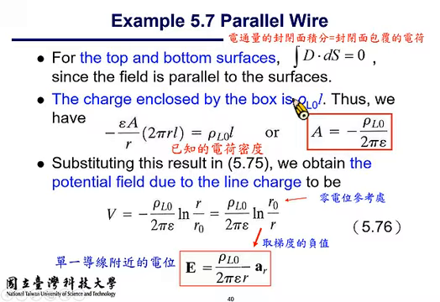All right, and the rest is not that difficult because you can check the result to find that the unknown constant A equals minus rho sub L0 divided by 2 pi epsilon. All right, so you know everything about this problem, including the potential and the field.